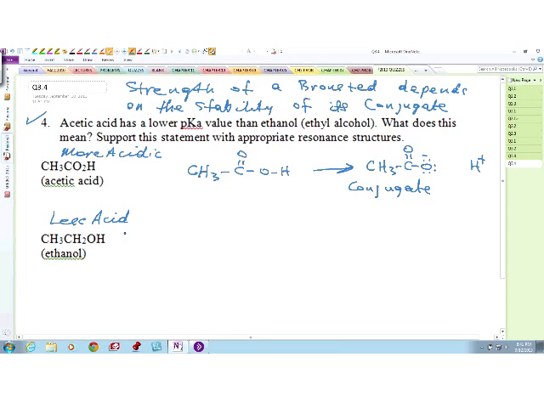Now, supposing we do the same thing for ethyl alcohol or ethanol. If we lose this hydrogen here, what do we get?